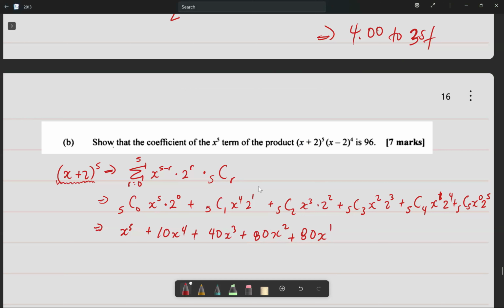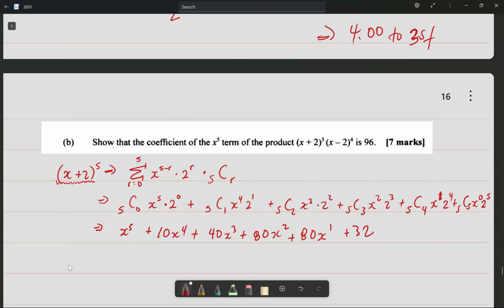This looks off. This looks like it's not adding up properly. It might be right though. 2, 10, 40, 80. This looks wrong. One second. Nope, it's right. 80x plus 32. Cool.